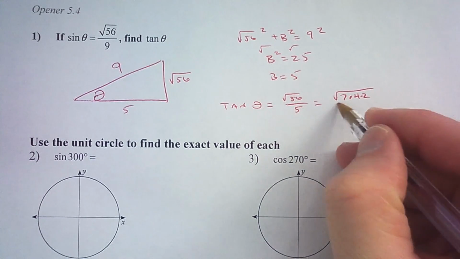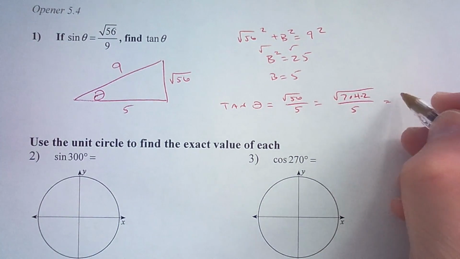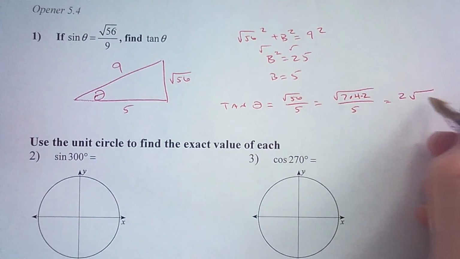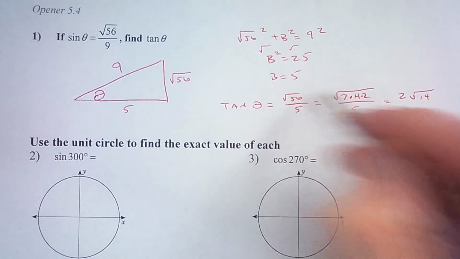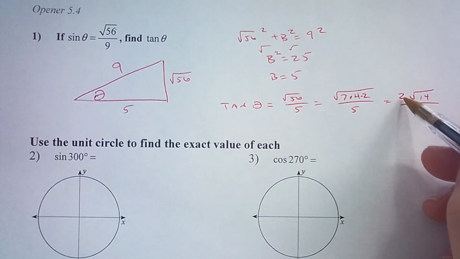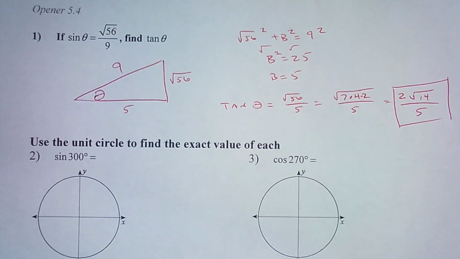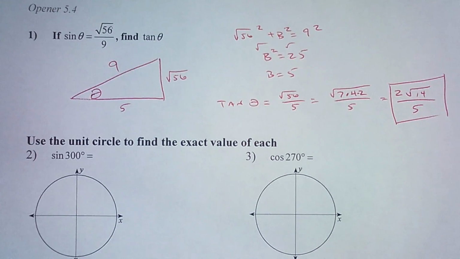Okay, and that's all over 5. The square root of 4 is 2, and then 7 times 2 is 14. So square root of 56 is 2 times the square root of 14. And 2 over 5 does not simplify, so there is tangent theta.